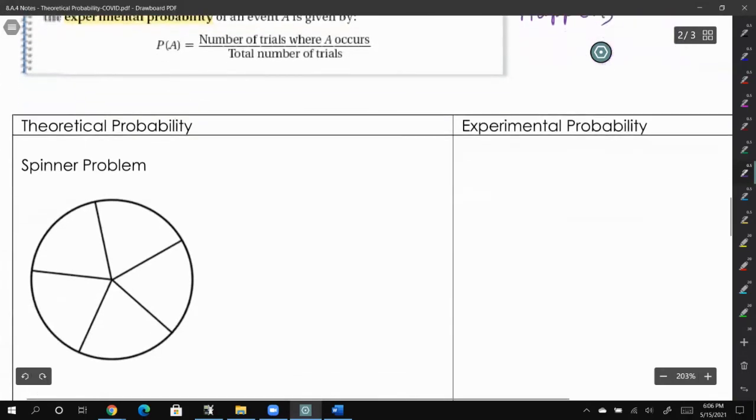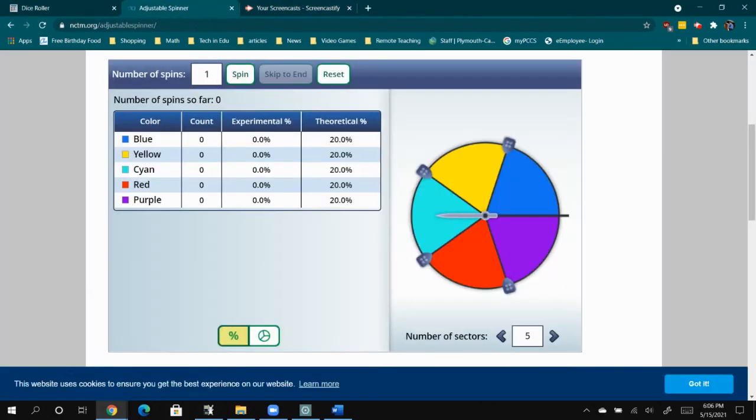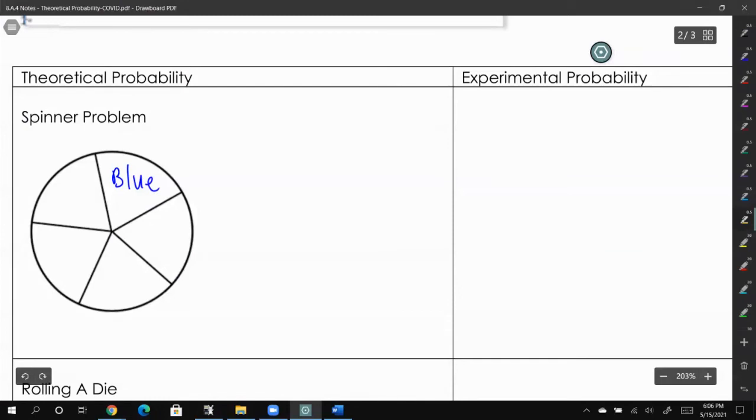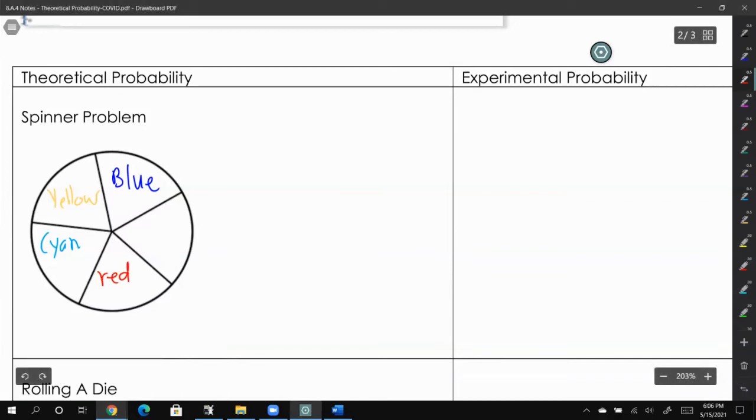So let's say we have this spinner here, and we'll say we have the color blue. I have a spinner up here, yellow, cyan, I think I saw red and purple. Yes, red and purple.